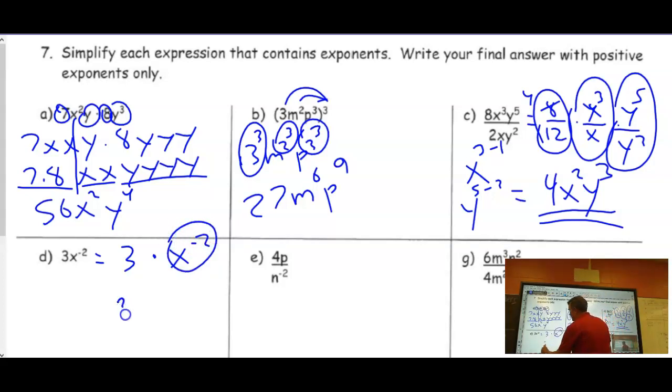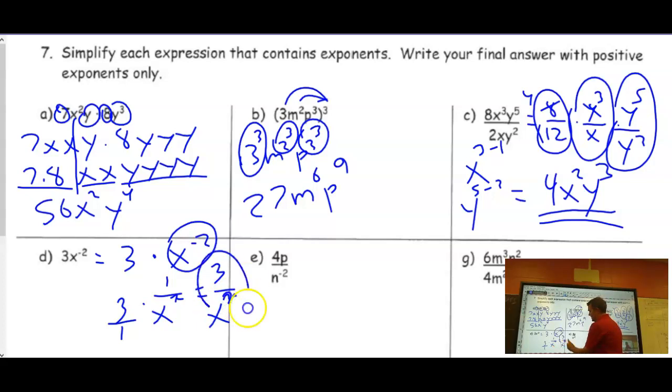You need to take the reciprocal of the x, which is 1 over x, and you get 3 times 1 over x to the 2nd. And then when you multiply those together, maybe you make the 3 into a fraction. 3 times 1 is 3. 1 times x to the 2nd is x to the 2nd. And that's your final answer.